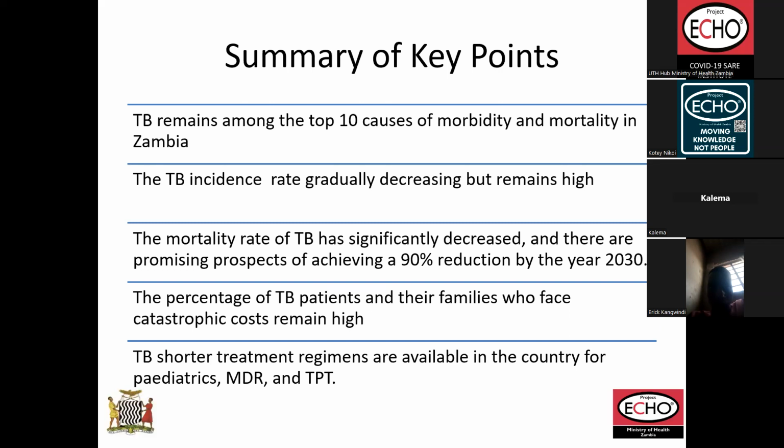Then TB shorter treatment regimens, I need to repeat this, are available in the country, both for the shorter treatment, for pediatrics, for the MDR, and for TPT. Let's make use of them, and more support definitely from the province, from the districts, and also from the national level is needed for our people on the ground at facility level.